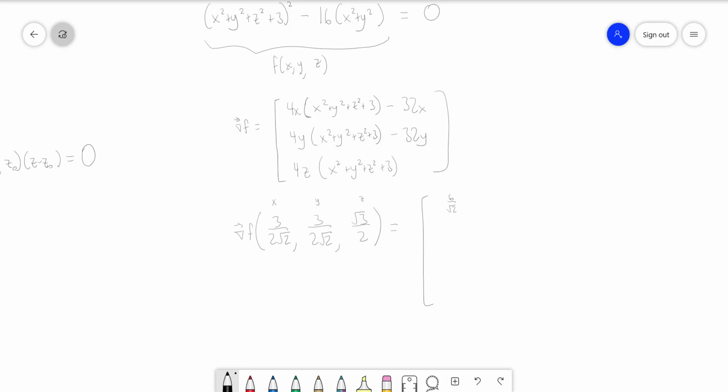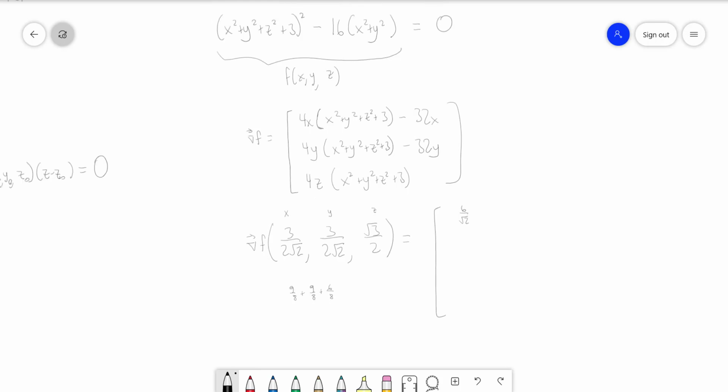Now let's see, x squared plus y squared plus z squared. So x squared is 9 over 8, and then z squared is 3 over 4. So x squared plus y squared plus z squared should be 24 over 8, which is 3.